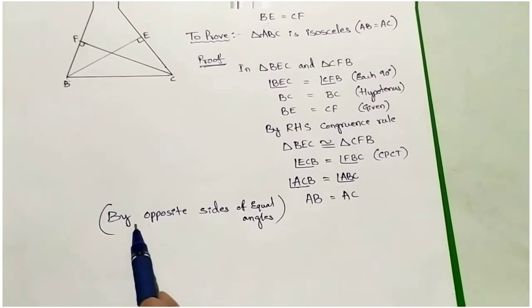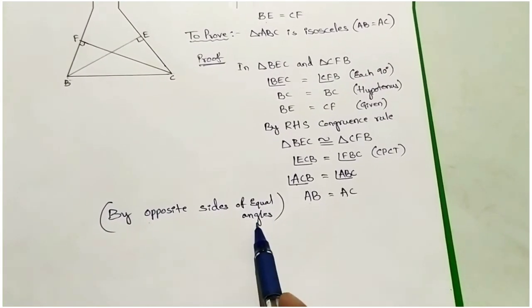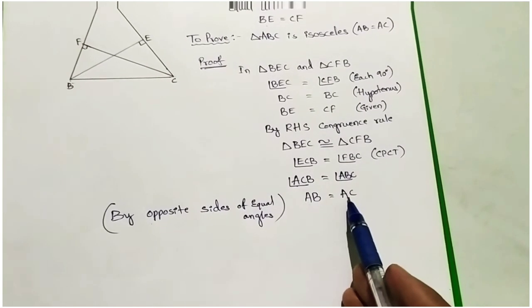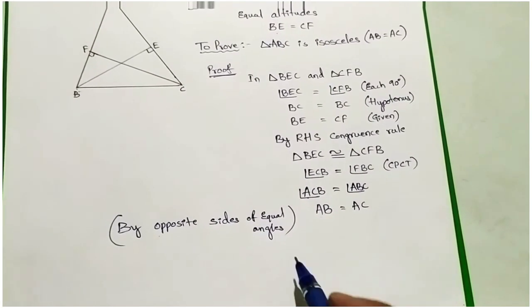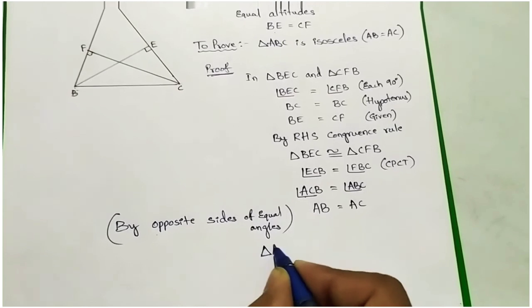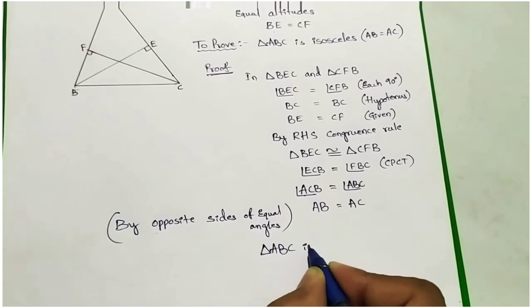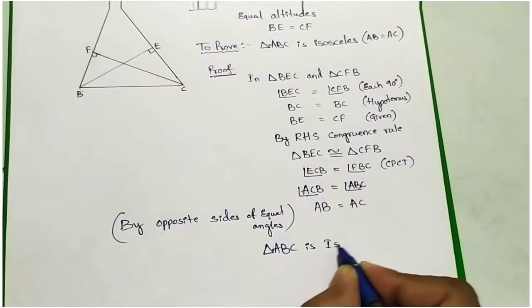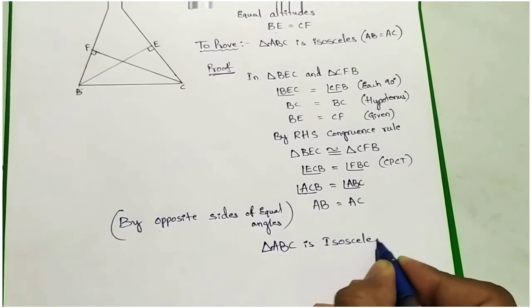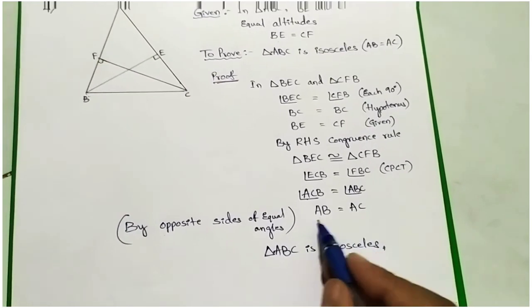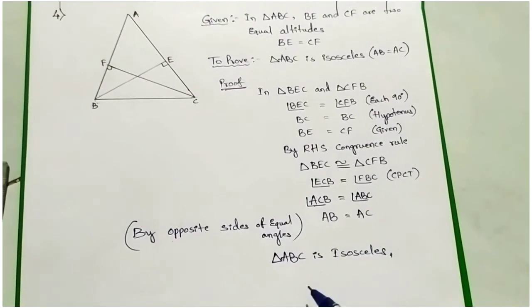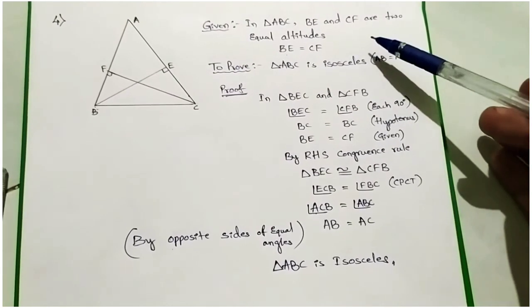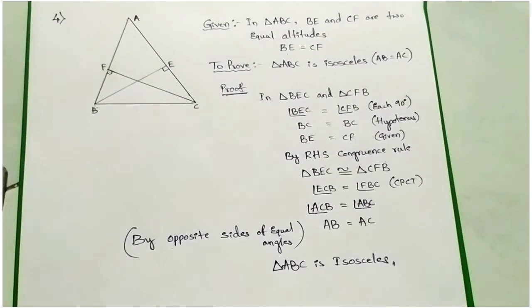I'll write the reason here: by opposite sides of equal angles, AB equal to AC. So if AB equal to AC, then we can conclude that triangle ABC is isosceles, because two sides are equal. Understood? So like this you have to do it step by step, you will get to understand.